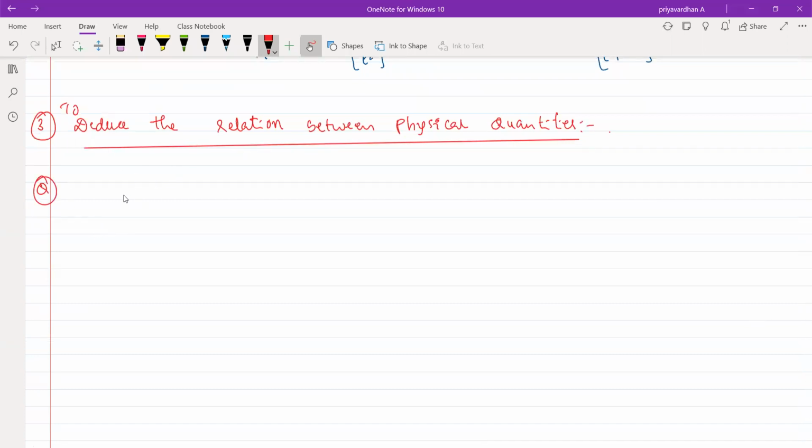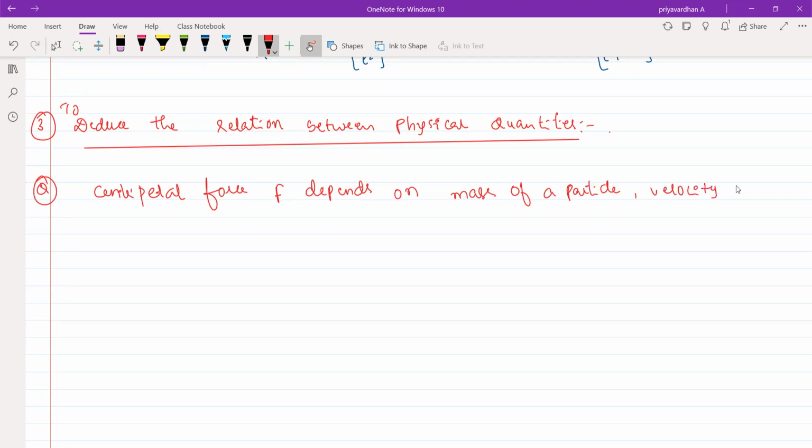See, we know centripetal force. Assume centripetal force F depends on, let me say, mass of a particle, comma, velocity and radius of the circle.